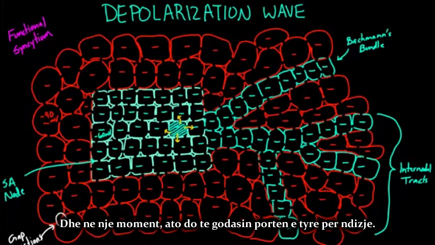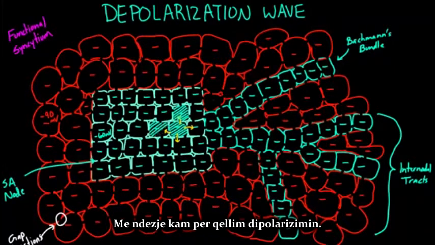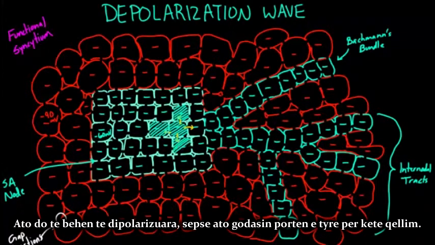At some point, they're going to hit their threshold for firing, and so they're going to fire off and become depolarized. And when I say fire, I basically mean become depolarized.